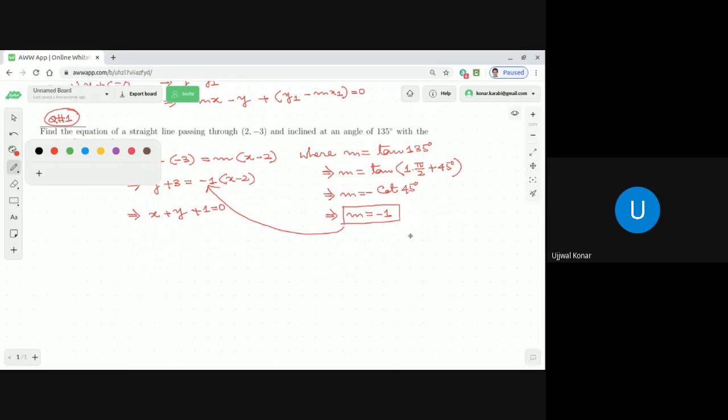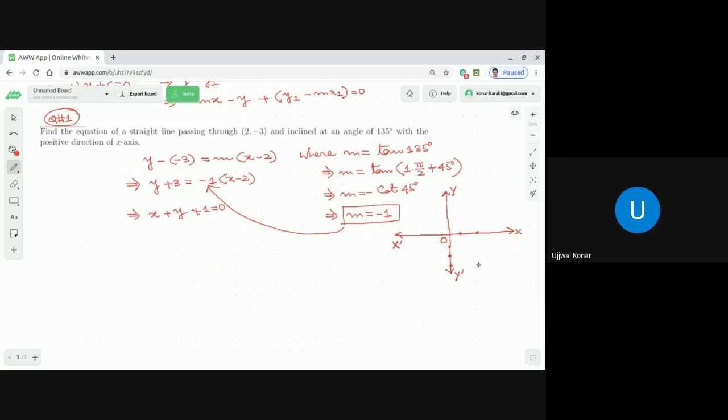So it will be something like this. If we draw the coordinate axes something like this, this is the x-axis, X'OX, and this is Y'OY, and the straight line is passing through the point (2, -3). So (2, -3) will be somewhere like this. Suppose this is 1, this is 2, and this is 1, 2, 3.